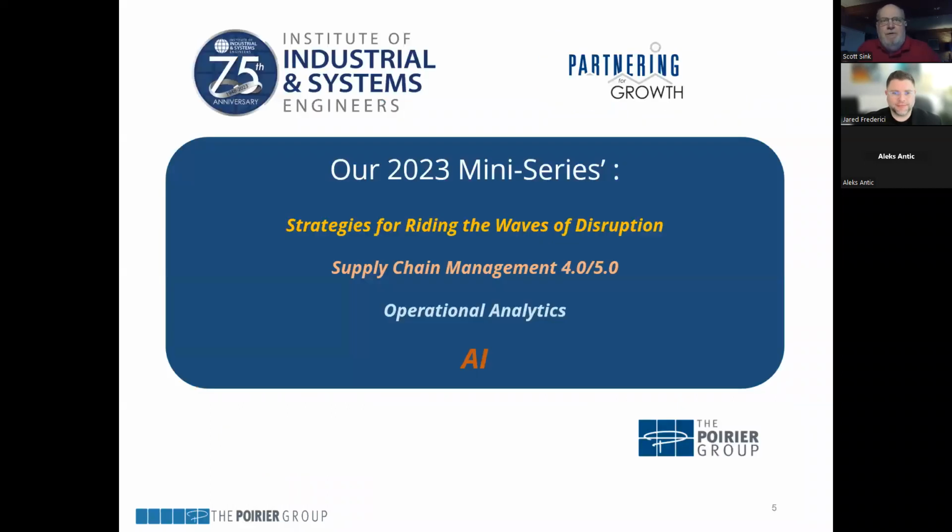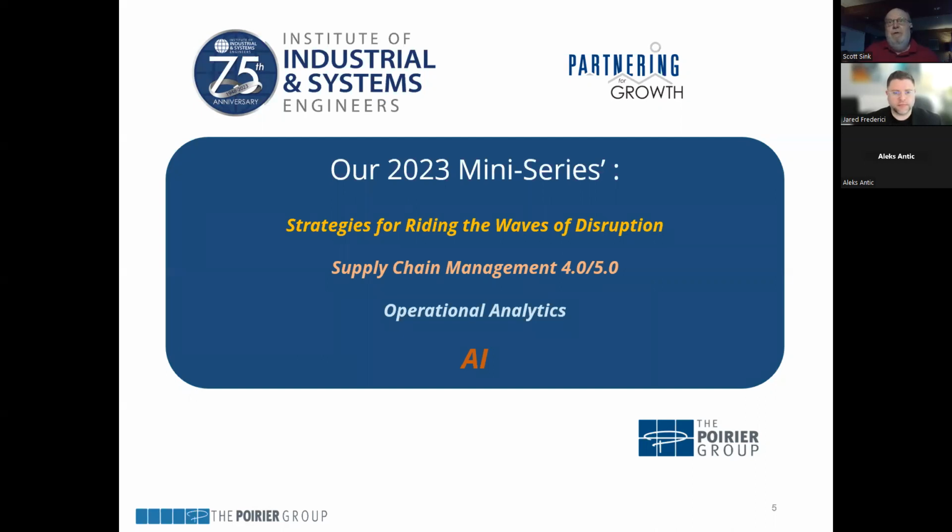We've been doing mini-series since the fall of 2022. We had strategies for riding the rays of disruption. We knew that 2023 was going to be a challenging year, so we did that mini-series, and then we did a supply chain management 4.0, 5.0 mini-series. We're finishing up the operational analytics mini-series, and we're going to launch next week the AI mini-series.